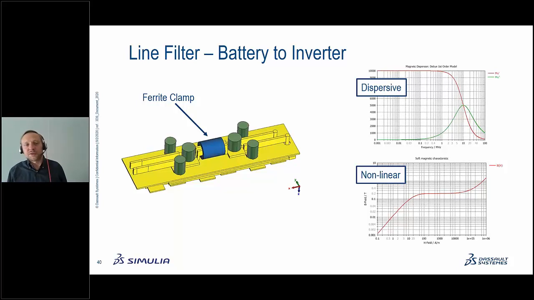What's far more complex is to include the non-linearity, that means the saturation effect inside the ferrite. Because when you have something non-linear, like a saturation effect, you have to loop the simulation a few times. What you typically do in a so-called nonlinear loop is you calculate with the source current that we have given, you calculate the field distribution, then you check what the field values are at the positions of the ferrite, and adjust the ferrite values according to the nonlinear curve.